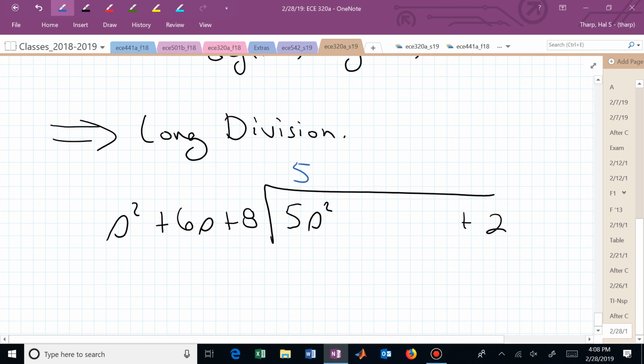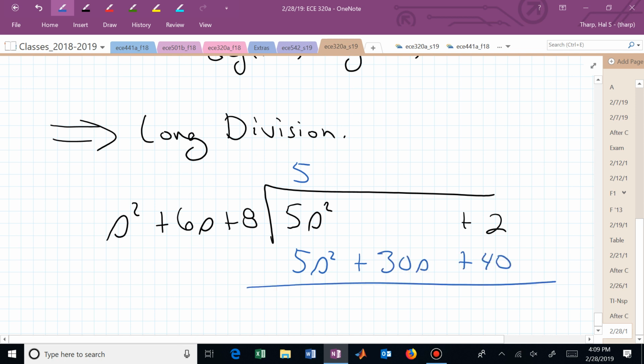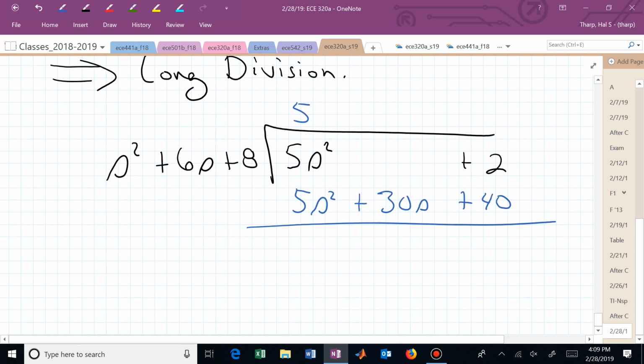We have 5 that would get s squared to equal 5s squared. We multiply our denominator by 5. We have 5s squared plus 30s plus 40. And now we take that polynomial away from the original numerator, and we now have minus 30s minus 38.